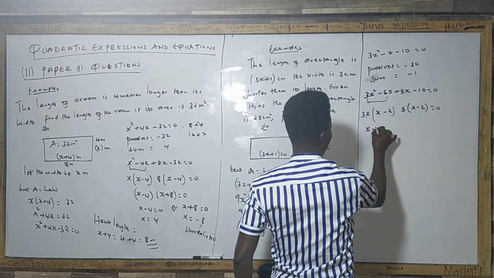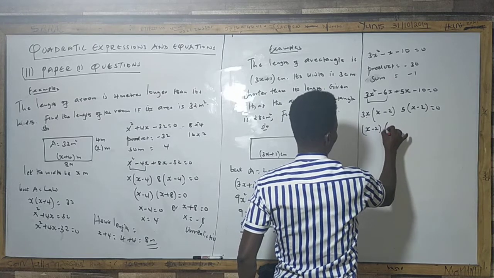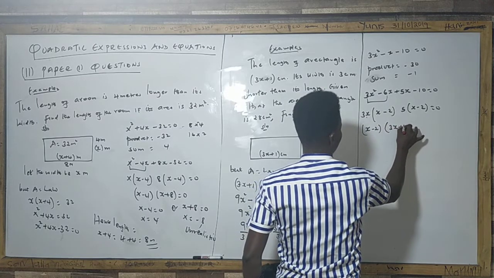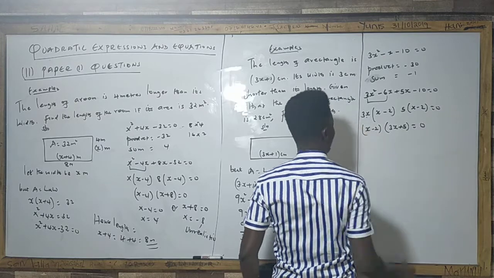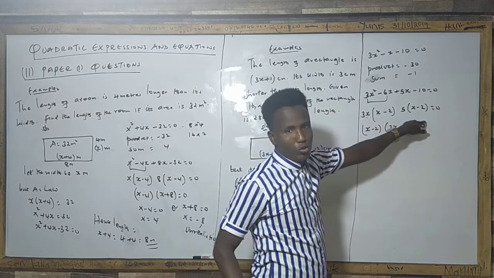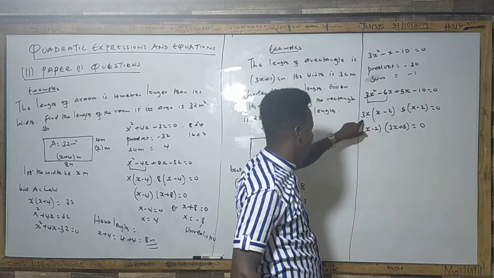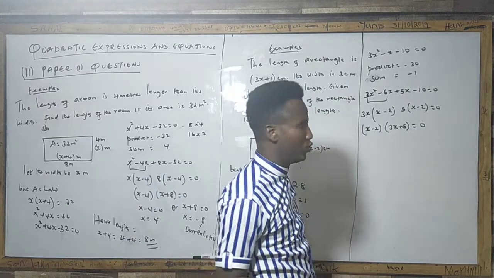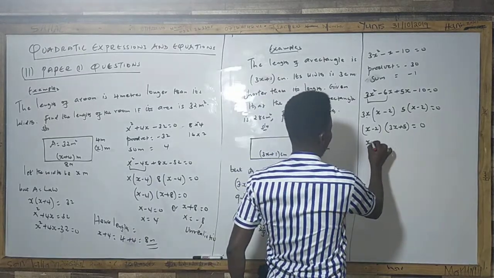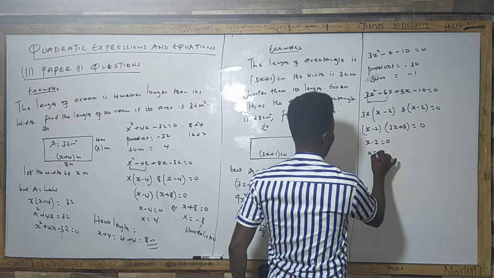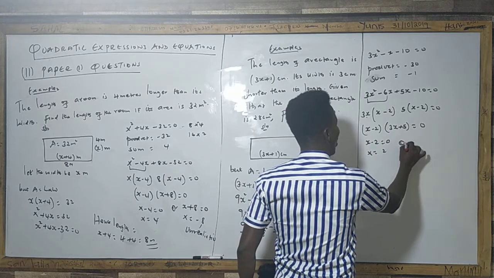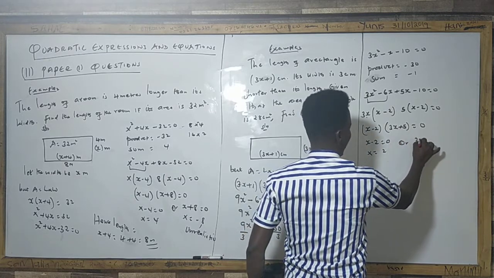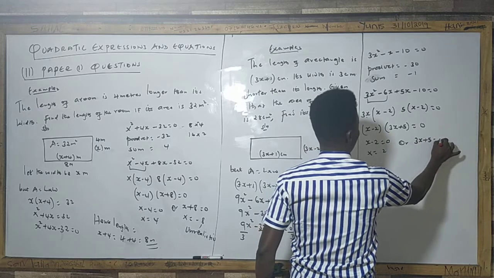So we're going to say x minus 2 into 3x plus 5 is equal to 0. Take one of these two, guys, then take what's outside the bracket and equate to 0. So one time you're going to say x minus 2 is equal to 0, x is equal to 2, or you can say 3x plus 5 is equal to 0.